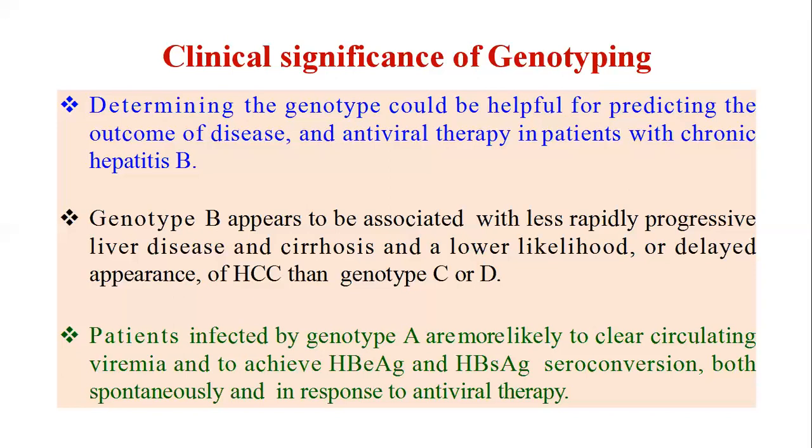So from this, we can conclude that genotype B is more dangerous than the other types, genotype C, D, and A.